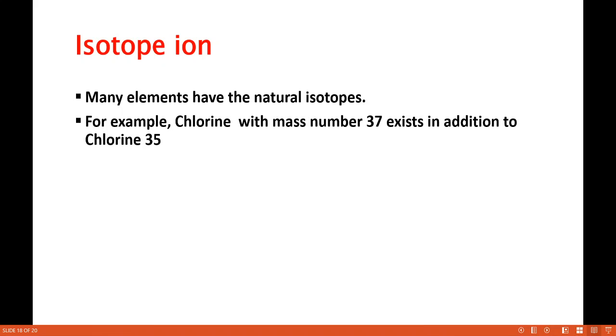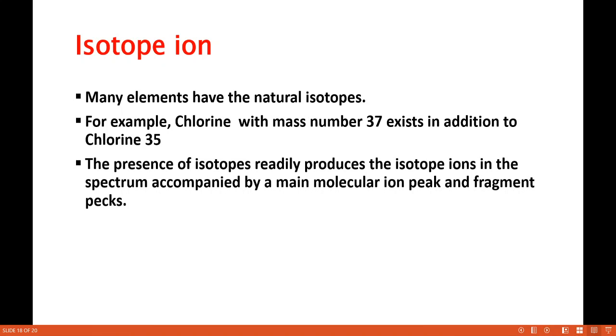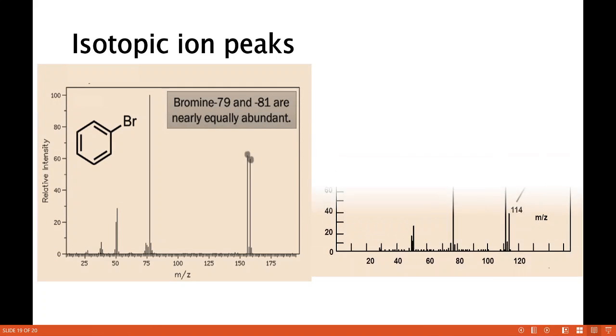For example, chlorine with mass number 37 exists in addition to chlorine 35. The presence of isotopes readily produces isotope ions in the spectrum, accompanying the main molecular ion peak and the fragment peaks. So we see the spectrum of these isotopic ions.